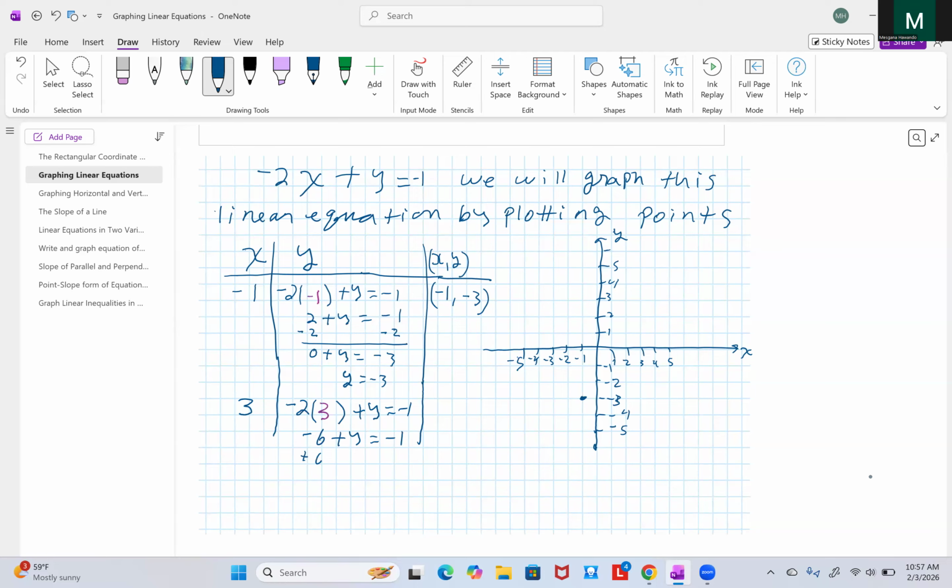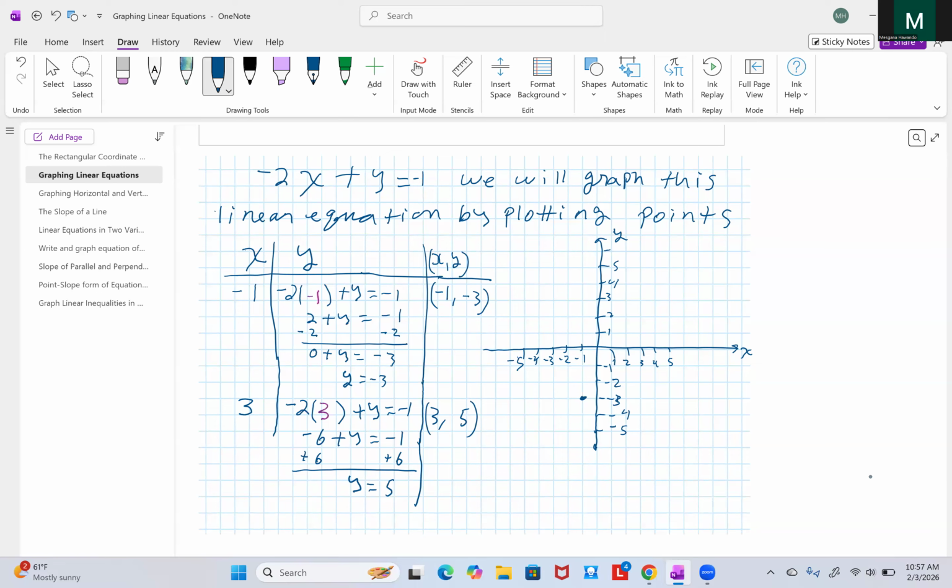Add 6 to each side of the equal sign. We are solving for y. Since we have a -6, we need to add 6 to make it 0. So this becomes 0 plus y is equal to 5. Y is 5 when x is 3, so the ordered pair is 3, comma 5.